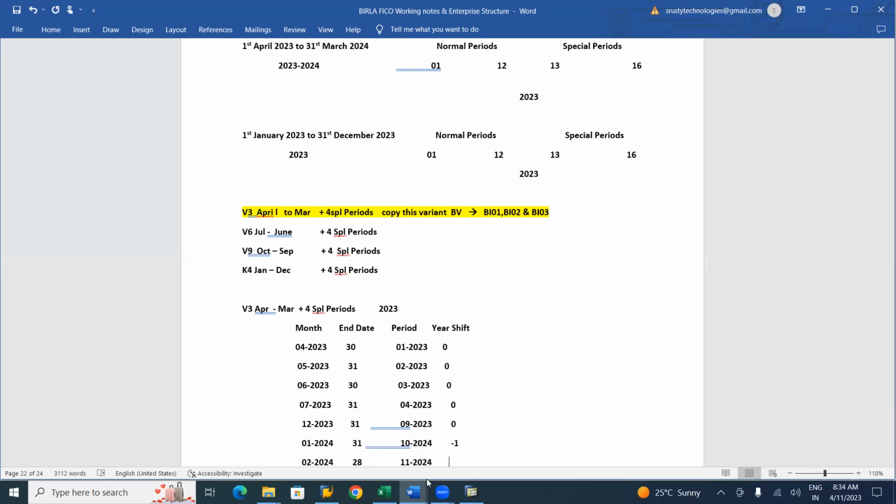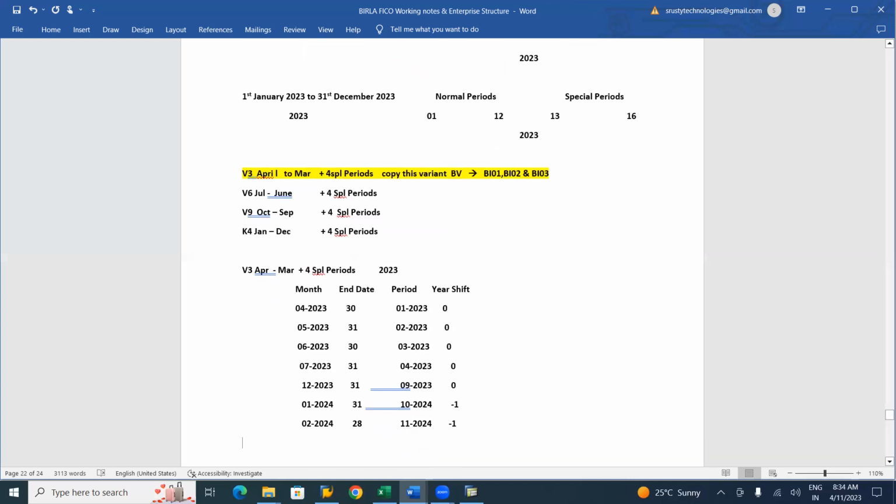Here also, 2023 minus 2024, it's -1 only. Understood? Again, the last month, 03 2024, 31, 12th period, 2024. So 2023 minus 2024. What is the year shift? -1 only, right?